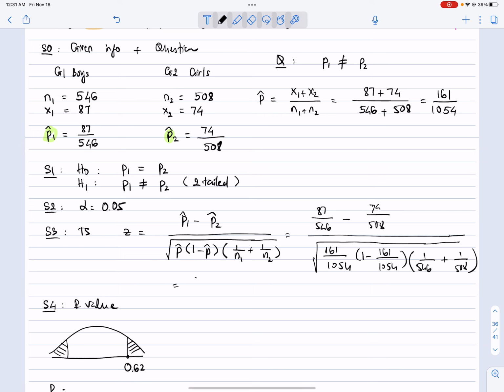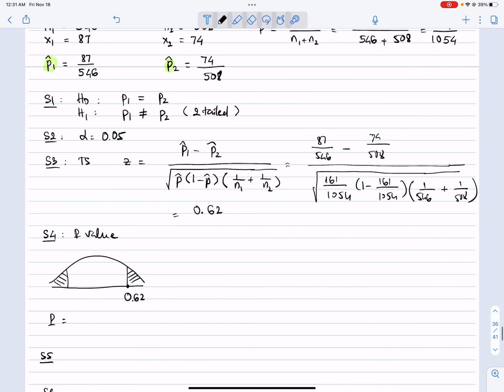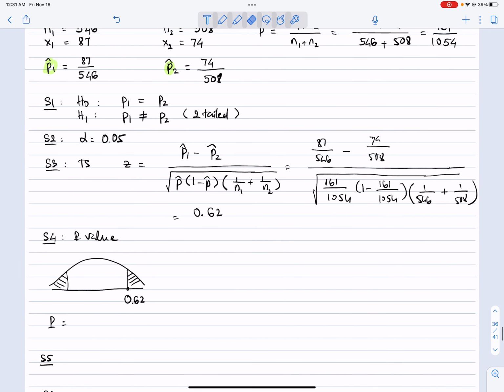You will get the answer of about 0.62. I round to 2 decimal places. Then for the p-value, because we are using the two-tailed test, we put in the test statistic 0.62. Then we will find the p-value is here.